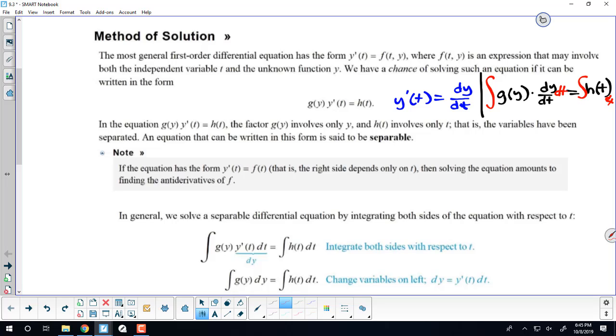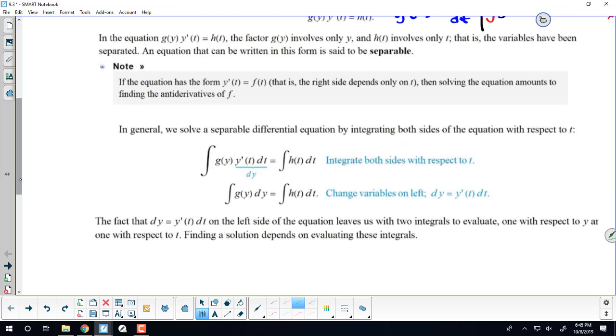Then on the left-hand side particularly, we see that the dt's just divide away, and we just have a function of y with respect to y. On the right, we have a function of t with respect to t. Okay, so that's kind of what we see here in this step. Because y prime of t times dt, we're integrating with respect to t on both sides of the equation.